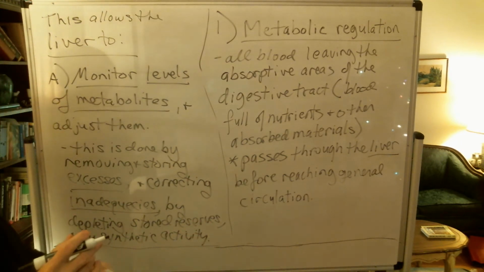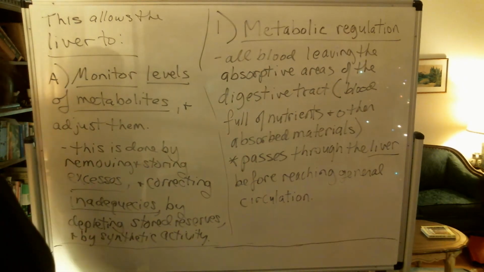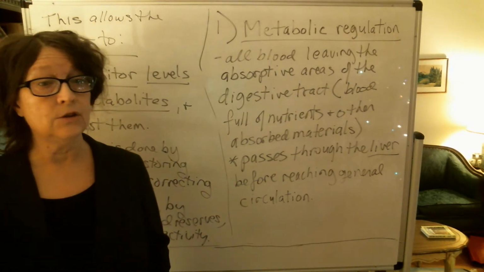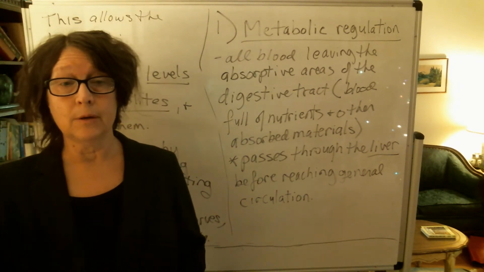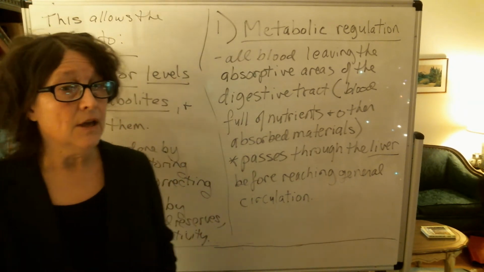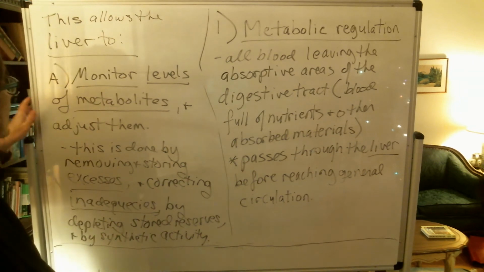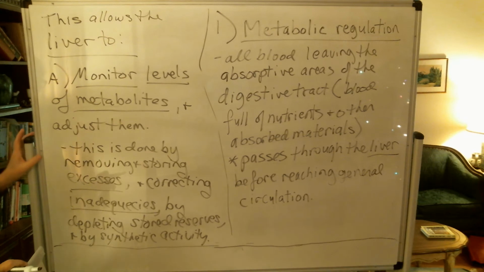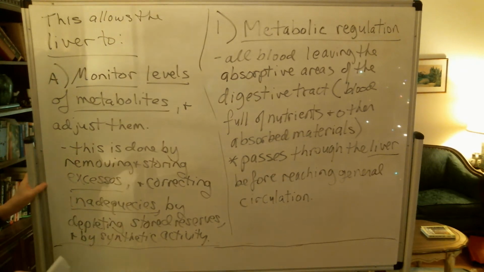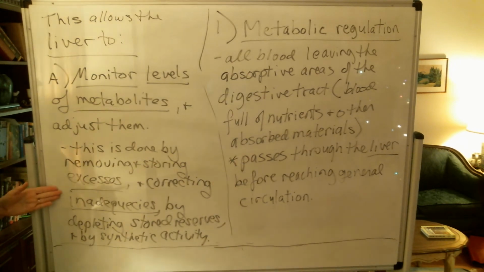What did I just say? What I just said is this. There are going to be various things coming into your liver from the blood. The blood, as I said, may not be appropriate for your cells to receive. So if there are things in the blood that are there in too great a quantity, the liver will take them out.